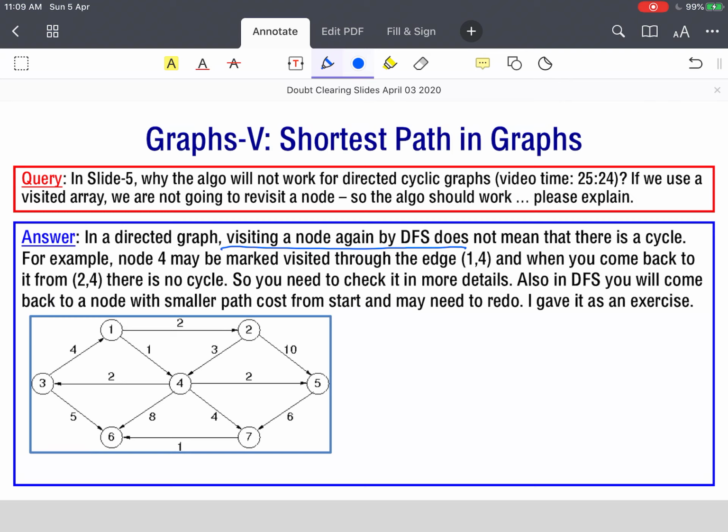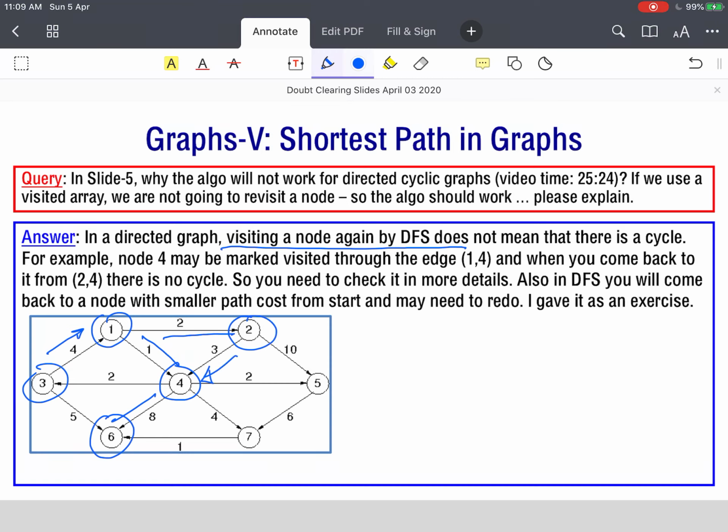For example, as we had seen, if you are going to a node, say you mark this as visited, then you come here, mark this as visited, and then from here you backtrack here, you come here, whereas this edge is a back edge.